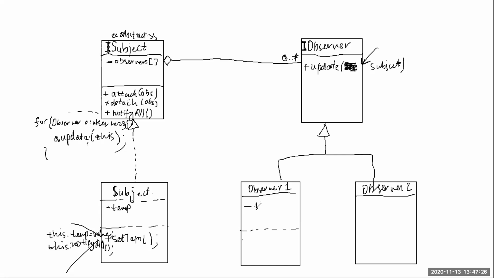For example, this observer is a text box, and a text box has a value property, right? So this could be some text box. This could be some weather station.